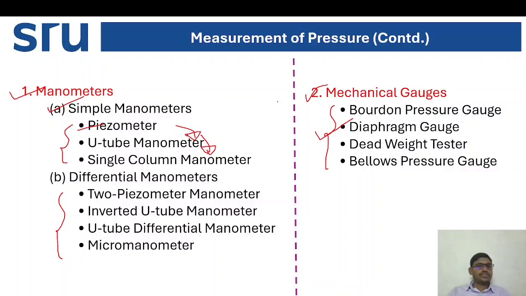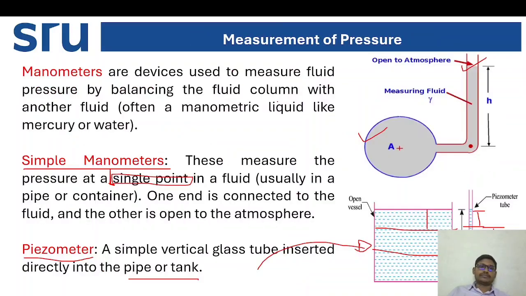Simple means piezometers, U-tube manometers and single column manometers. Differential manometers are two piezometer manometers, inverted U-tube manometers, U-tube differential manometers and micro manometers. Mechanical gauges are the Bourdon pressure gauge, diaphragm gauge, deadweight tester and bellows pressure gauge.